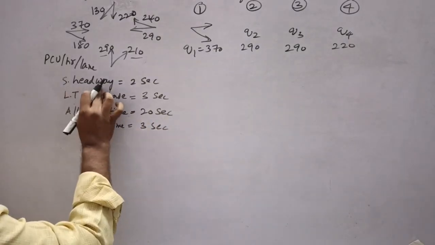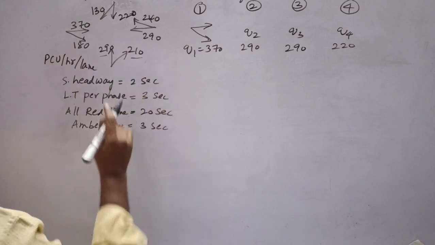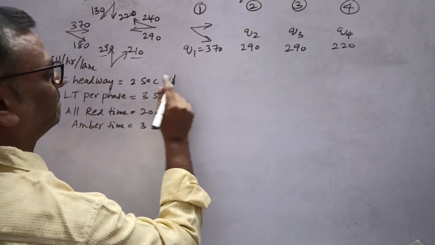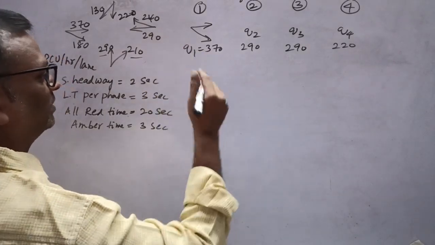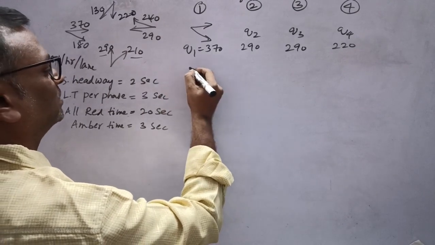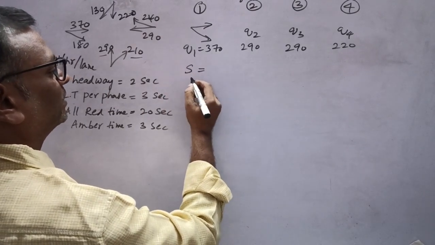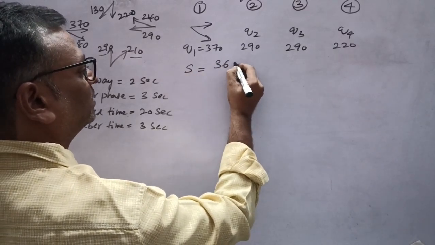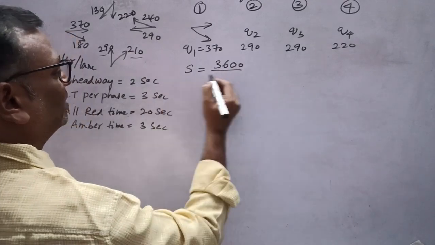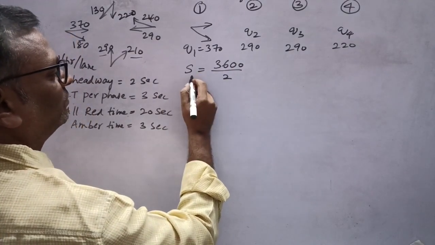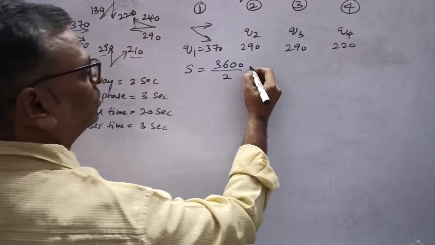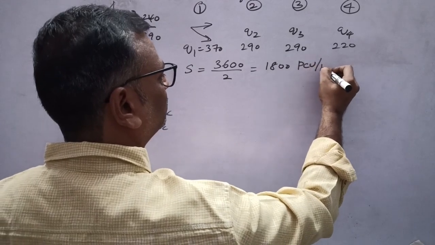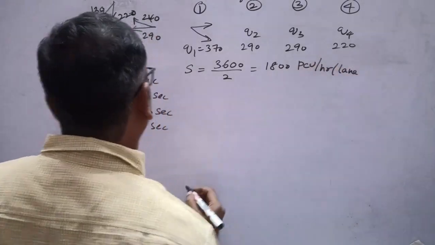So saturation headway for all the approaches is given as 2 seconds. If you know saturation headway, we know from the traffic engineering first part that 3600 divided by saturation headway will give you saturation flow, that is 1800 PCU per hour per lane.